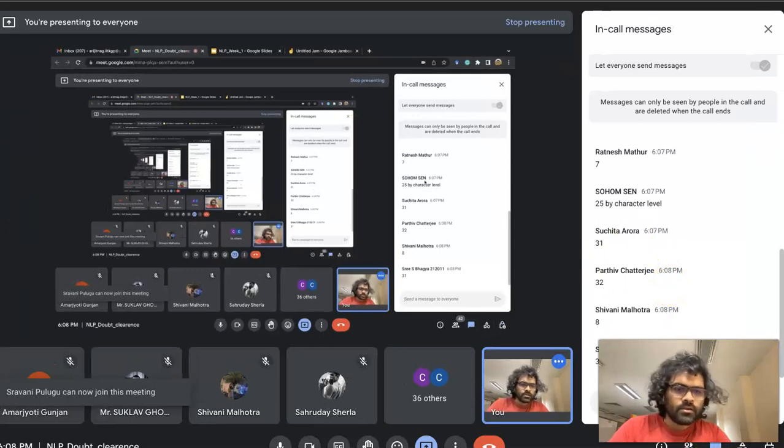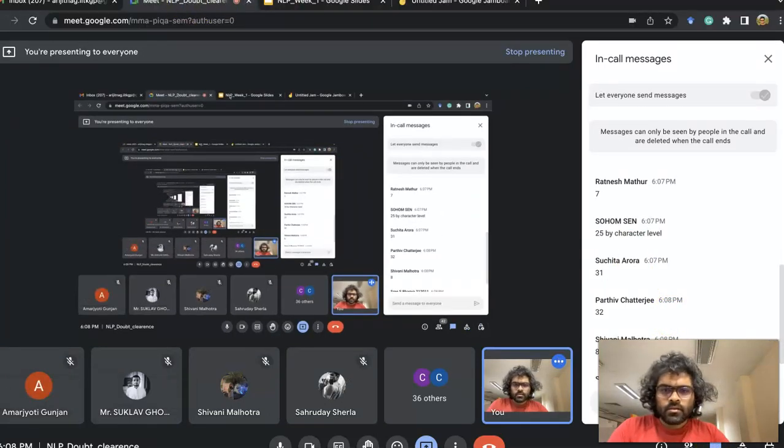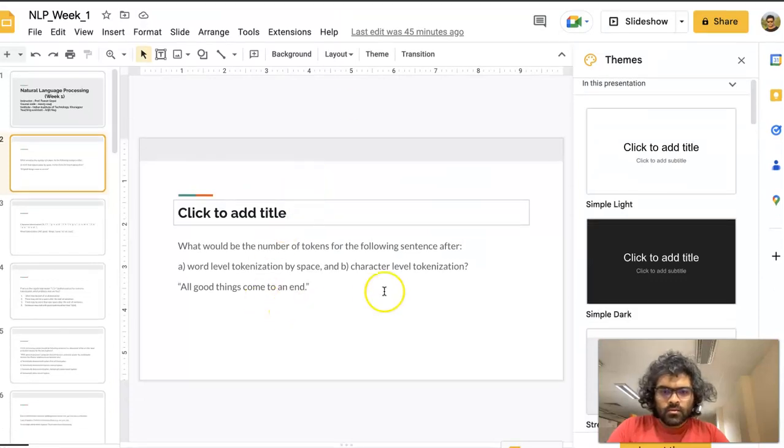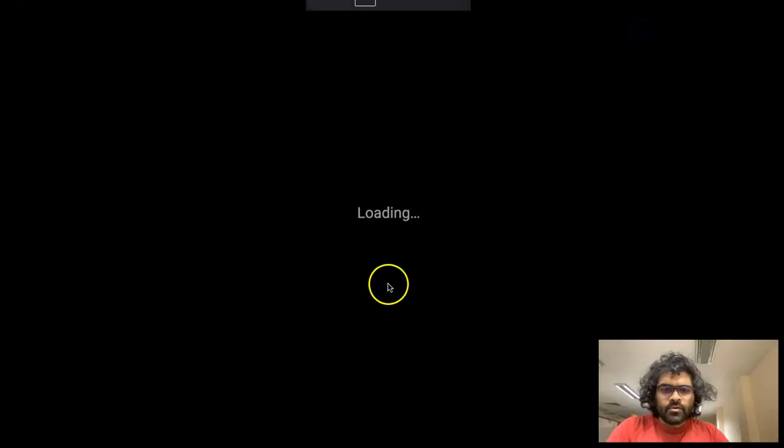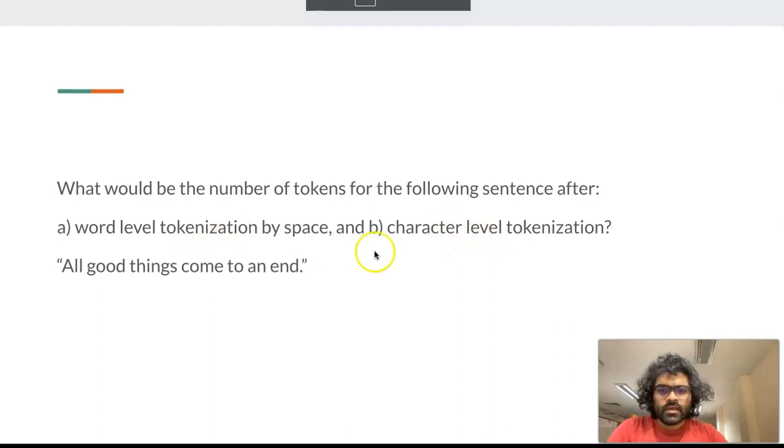Someone is writing 32. Okay, so let's check. When we go for a character level tokenization, the space will also count.